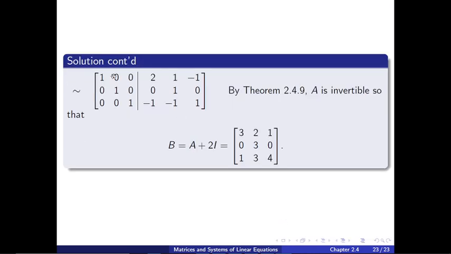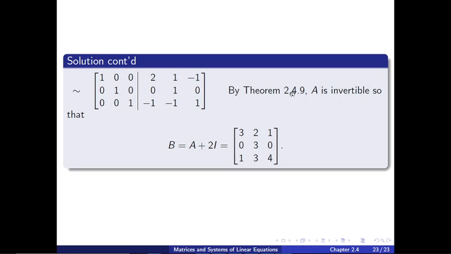Once we do that row operation, we are left with that, and therefore this is the inverse. And what it tells us is A is invertible.